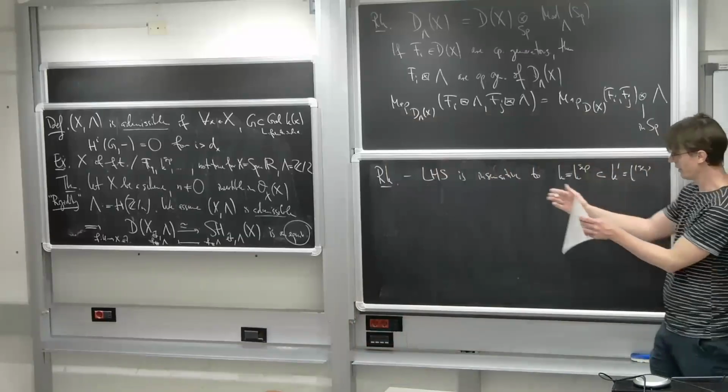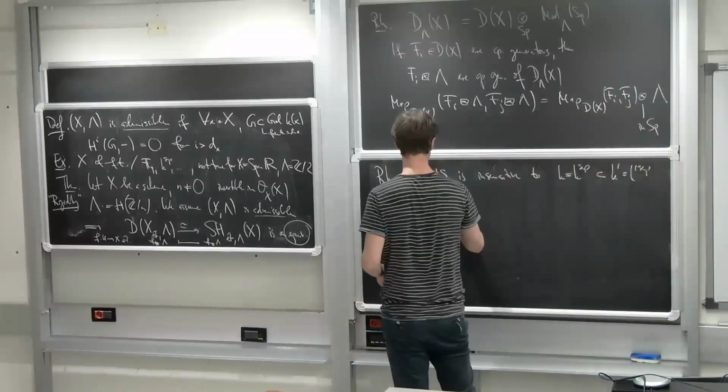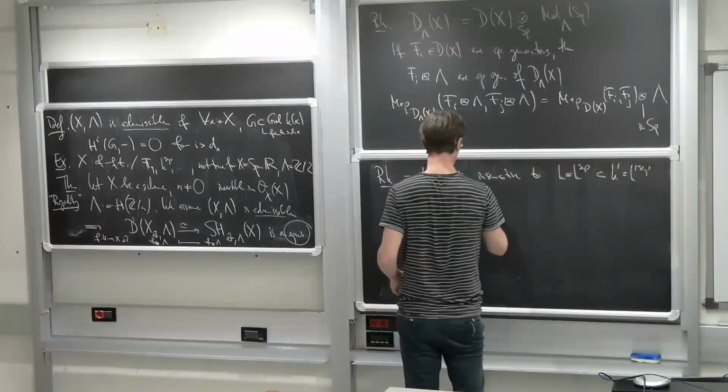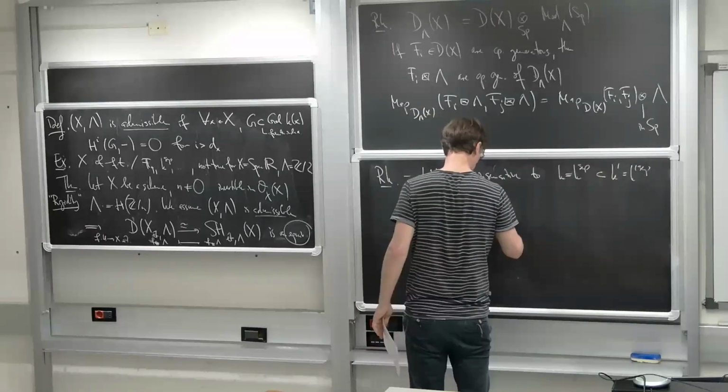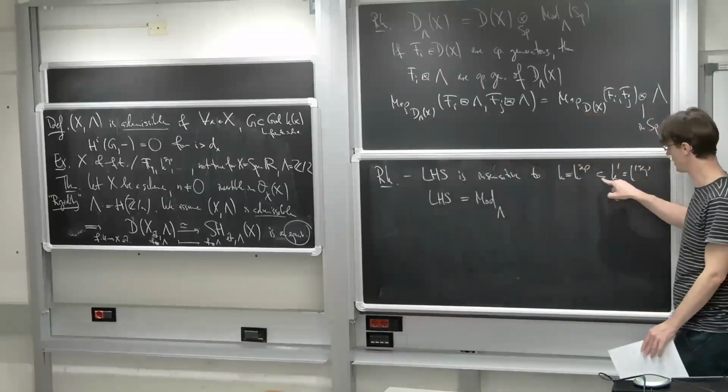Yeah? So the left-hand side collapses very much. The left-hand side is then just equal to the derived category of lambda modules for either of those, independently of how the field is.